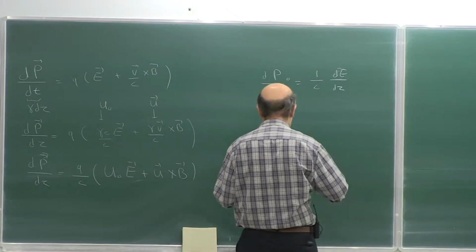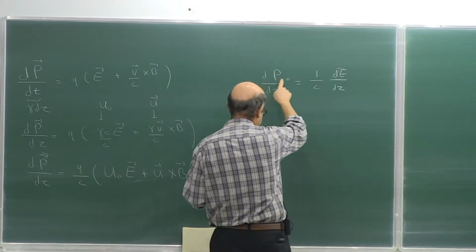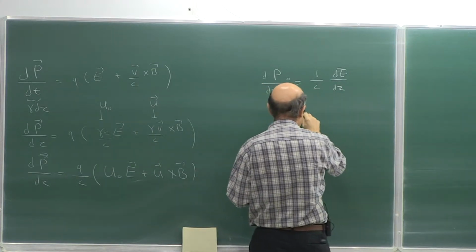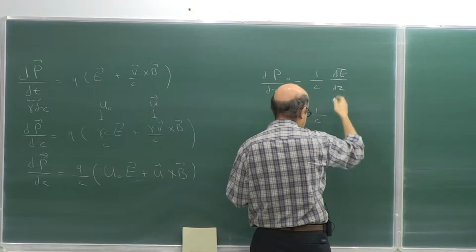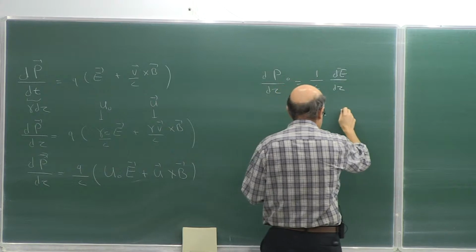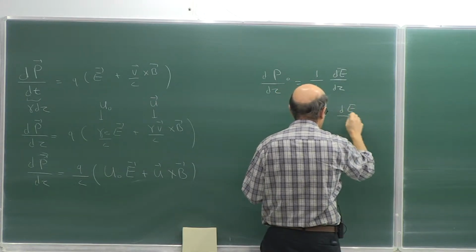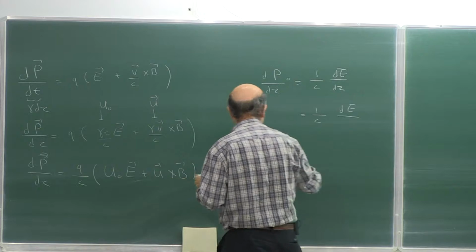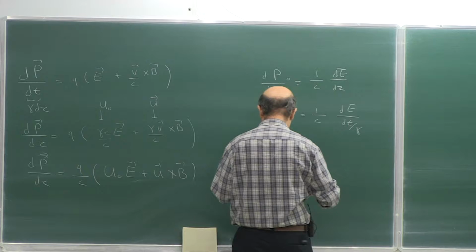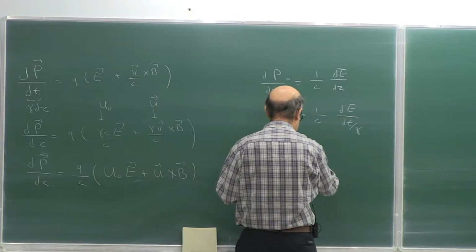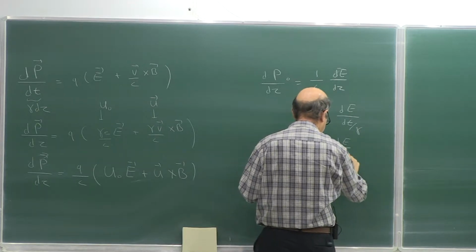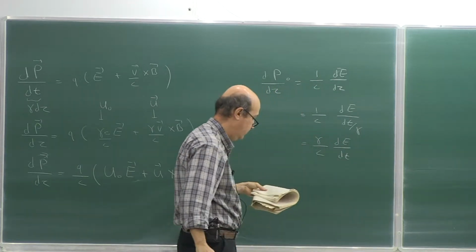Let us keep the left-hand side dp0 over d tau, and for the right-hand side try to express it in terms of something we know. You can write this as dE over d tau. Since d tau is dt over gamma, gamma goes up, and that is gamma over c dE over dt. What is dE over dt?